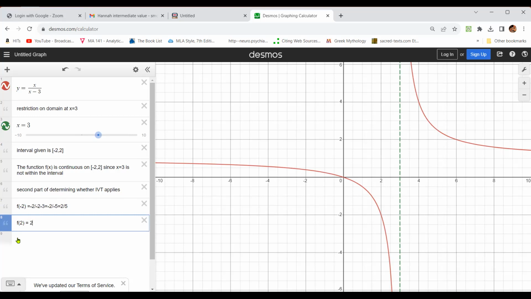That is 2 over 2 minus 3, so this is going to be 2 over -1, and that's going to be -2. Now, just for a little more clarity about what this means, I'm going to plot a couple more points on here. This is -2 and 2/5.